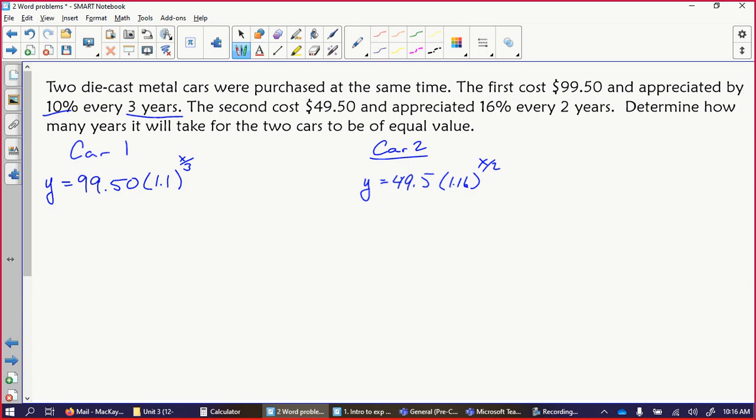So when we want an equal value, we have to set the equations. The value is y. So we've got to get some expression that gets x by itself. If the values are equal, y equals y.